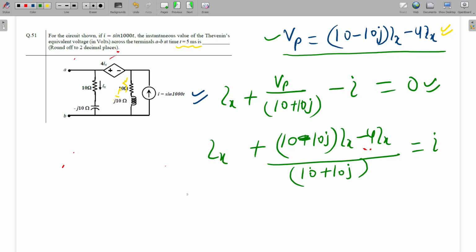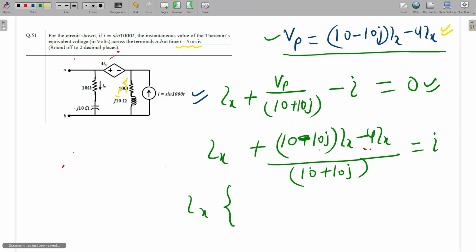So we can take Ix common here. If we are taking Ix common, what will be the value? Can anyone tell what the final value will be? See, here we can see 10 minus 4, which is 6.